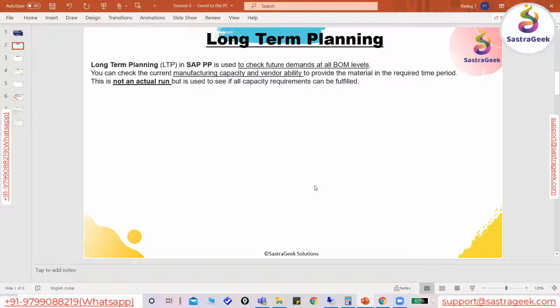If you take a very basic example, there are some companies who manufacture seasonal products. Like in the Diwali festival, if you check a sweet manufacturing company, in that specific period there is a huge demand for that product.